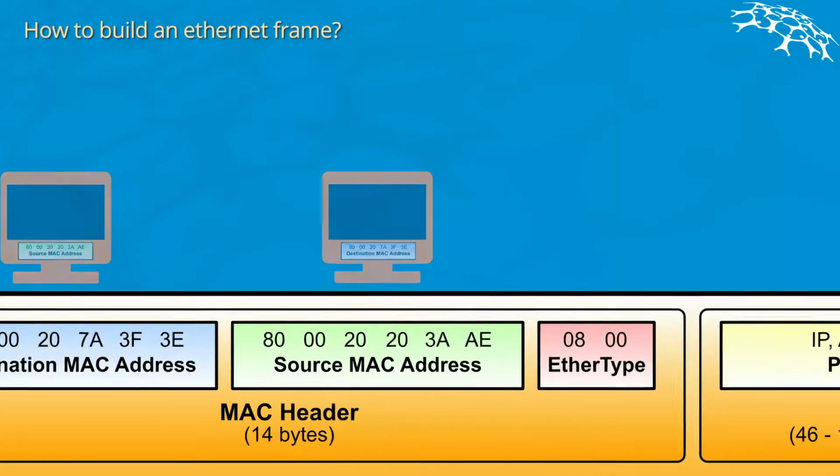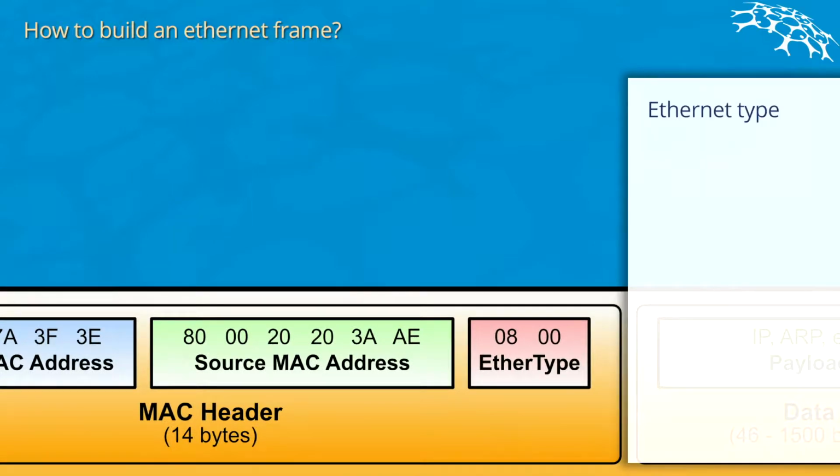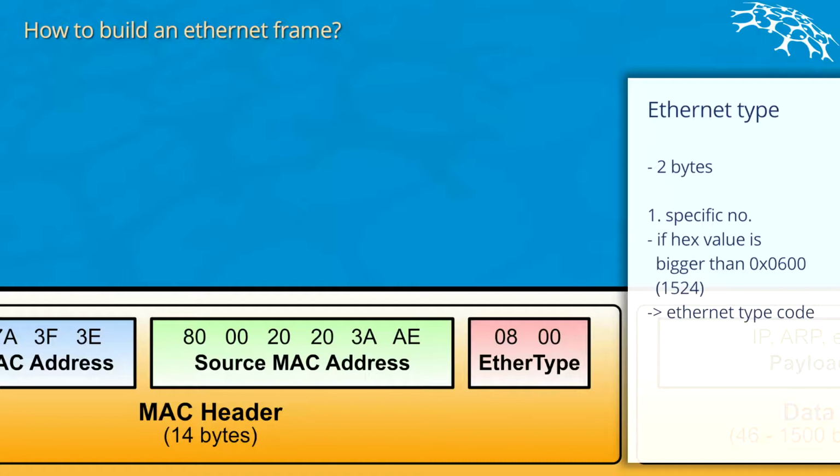The next part of the protocol is the EtherType. The EtherType is a 2-byte field where you can actually do 2 different things. You put in a specific number, and there is an RFC on the internet that tells you which type of protocol this is. For example, 0800 means that you do IP over Ethernet, which is probably the most frequent EtherType.